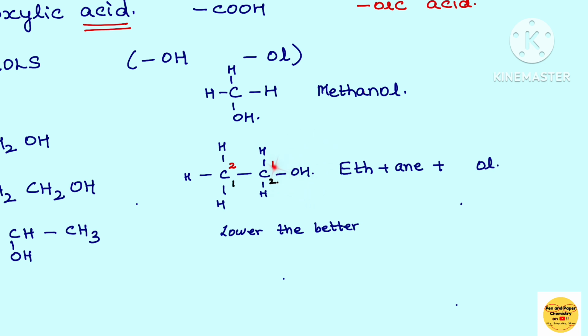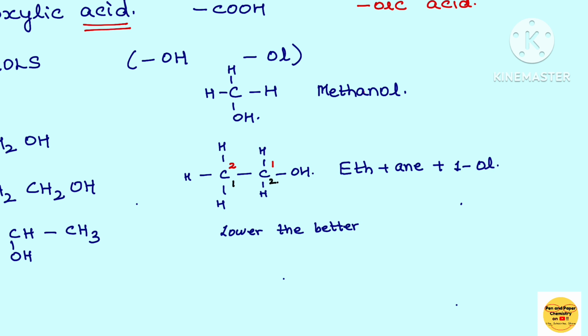Now, either I can say that the OH group is at position number 1 or it can be at position number 2. Yes, which one is preferable according to IUPAC? Yes, wherein the carbon to which my functional group is getting attached is getting the lower number out of the 2. So that lower number is 1. So in other words, this becomes ethane 1 ol.